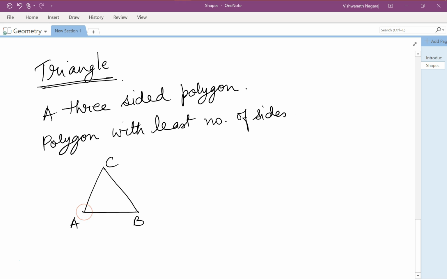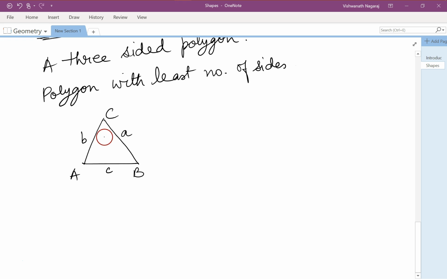So capital A is the name of this vertex. So the opposite side is given a, which is in small letters. Similarly, b, B, c, C.